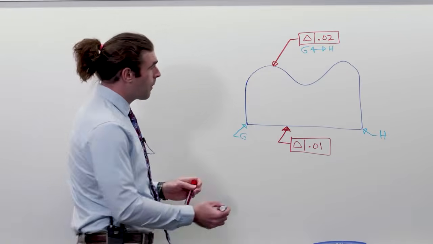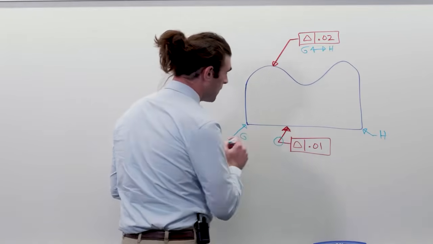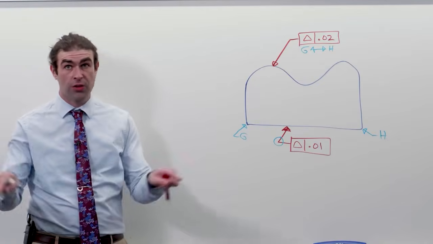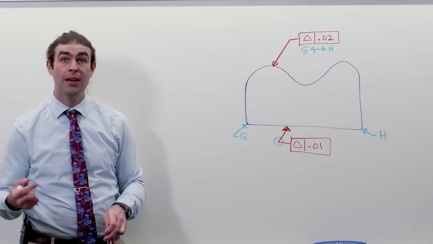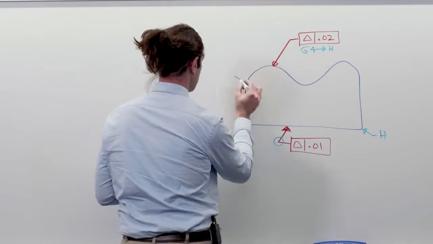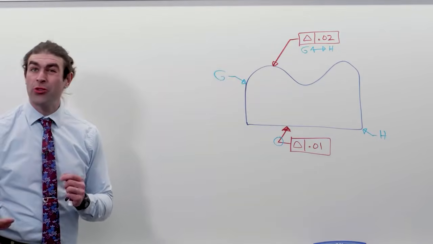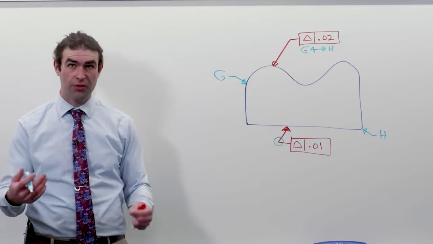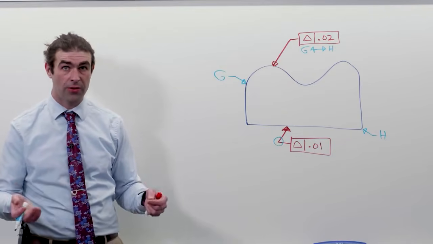You can also use the all around symbol if you want the profile to just go around the whole part. What can happen, especially as drawings start to get revised and changed, is it can get a little confusing as to which tolerance applies where.